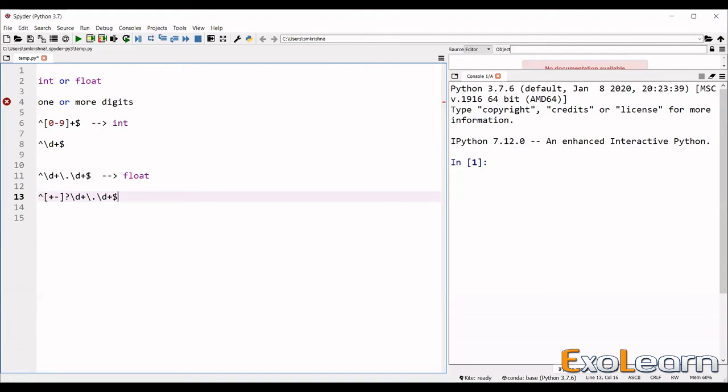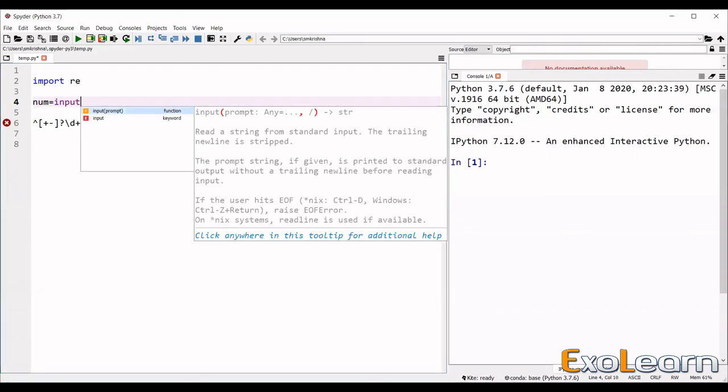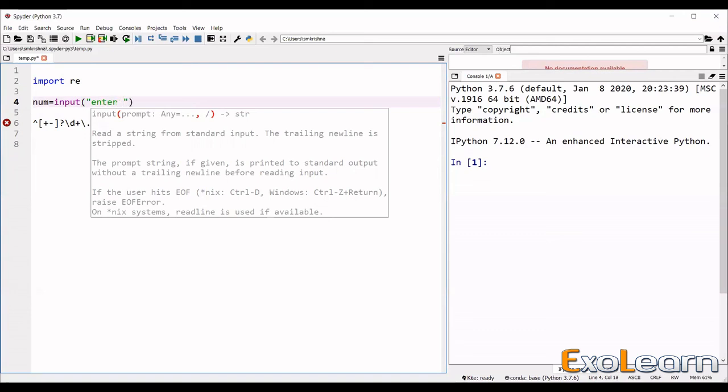Now let me convert it into a program. As I said, these regular expressions need the support of the re module, so I need to import the re module. Now try to get the input from the keyboard. So I am taking number is equal to input, enter any number.